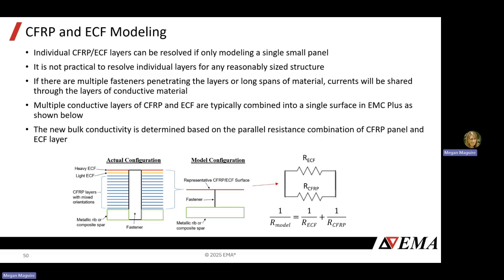Typically, there are multiple fasteners that penetrate the layers of the CFRP and the ECF, so you can assume they're well connected electrically, and represent them with a single surface using a parallel resistance calculation for your CFRP in parallel with your ECF. That gives the conductivity you then put into the model for a single surface representing the stack up.